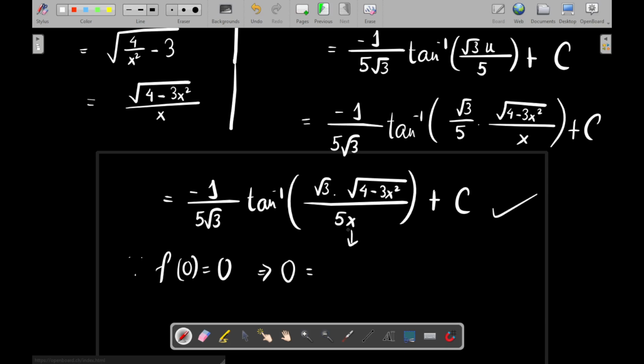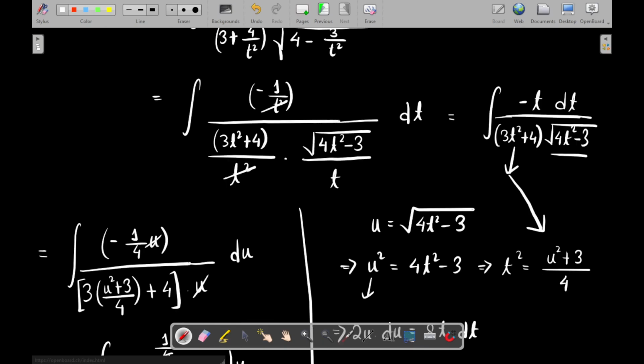So this becomes tan inverse of this constant times tan inverse of something by 0. Since x is in the denominator and this becomes 0, this is tan inverse of infinity, plus c. So tan inverse infinity is pi by 2.